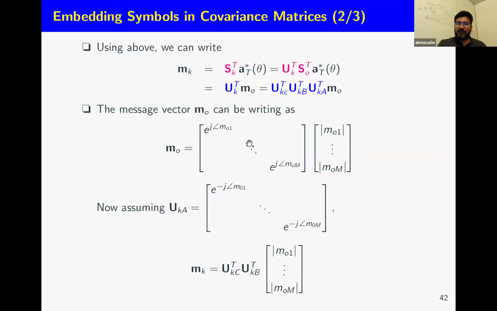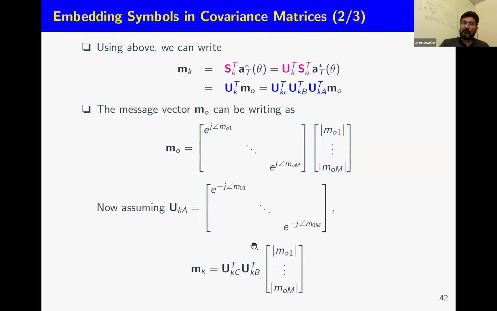If I put this value, what will happen? This is m_0, and I'm assuming U_kA is equal to this one, which is the Hermitian of this one. When I put U_kA at this place, this will cancel out.